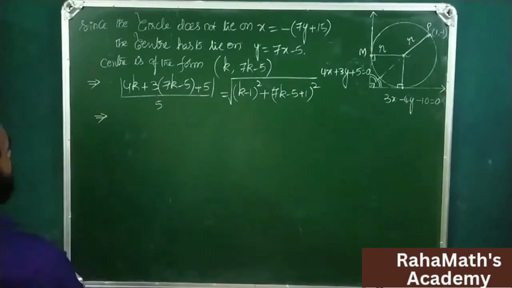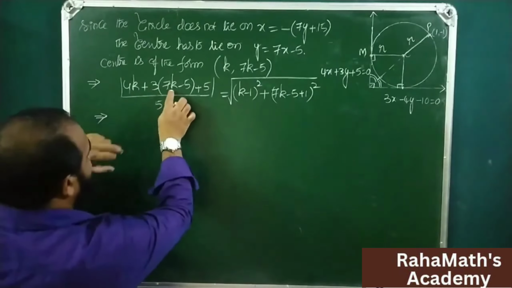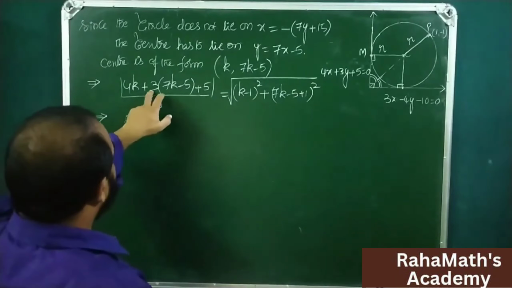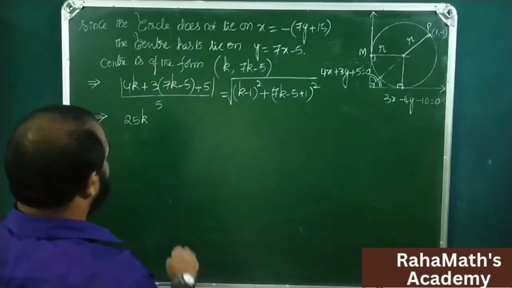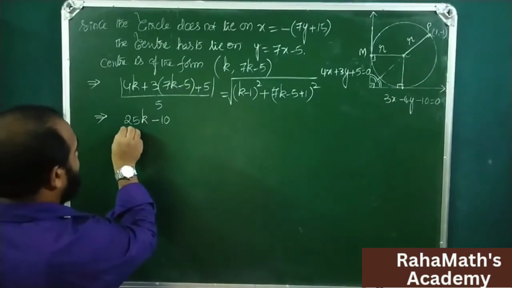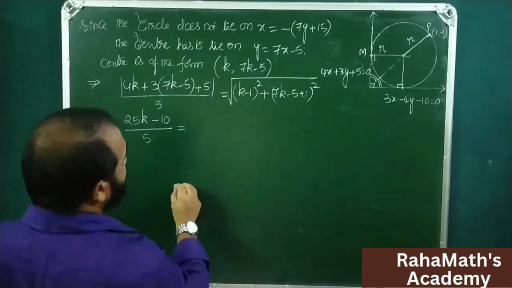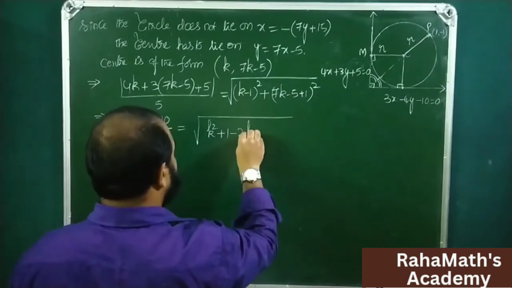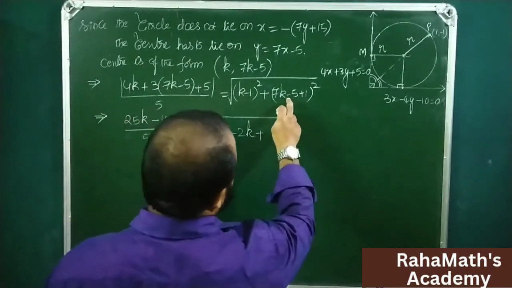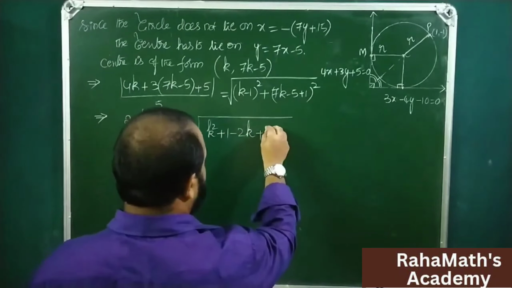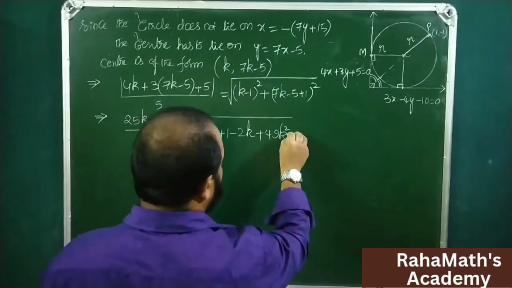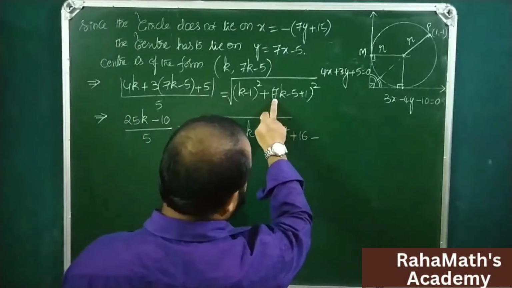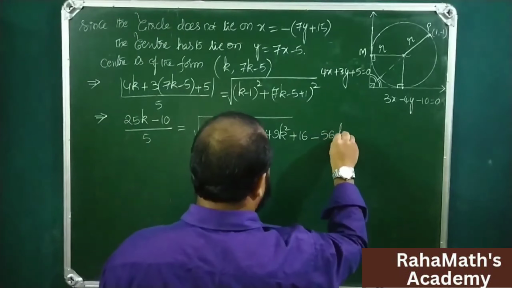So 4k, 3 7s are 21k plus 4k, 25k, 3 minus 5 is minus 15 plus 5, minus 10 by 5 is equal to, this is k square plus 1 minus 2k plus, this is 7k minus 4 whole square, 7 square 49k square, 4 square 16, minus 2 7s are 14, 14 4s 56k.